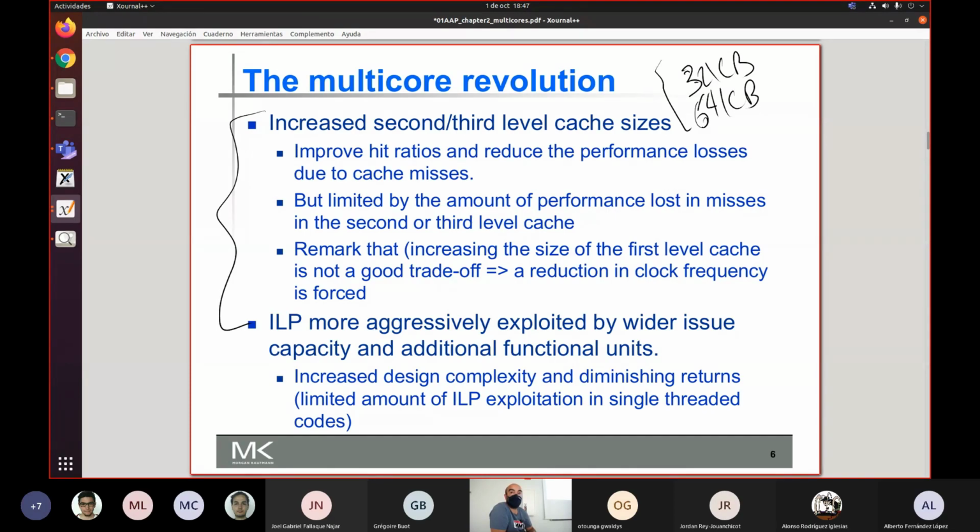So if you compare two different generations of the same architecture, what you are going to see are increases in the size of the level 2 and the level 3 cache, but never, at least for many years, an increase in the level 1. Being 32 kilobytes or 64, but normally 32 is like a magic number for that.